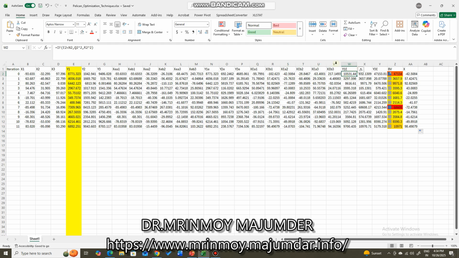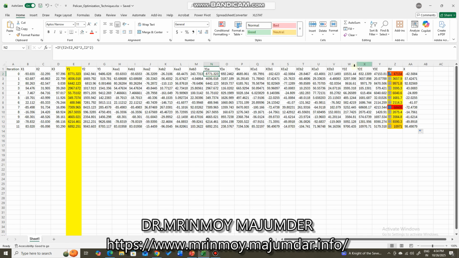And then I have used the same check that was used in the exploration phase and I have found out which x is actually utilized. So accordingly I have this if statement. If e2 is less than n2, then q2 square, otherwise r2 square. What is n2? N2 is this one. So the same thing I have done, but for the values generated with the help of the third equation.